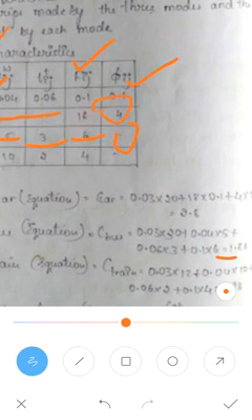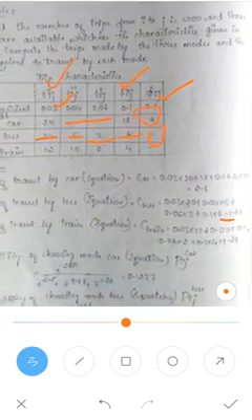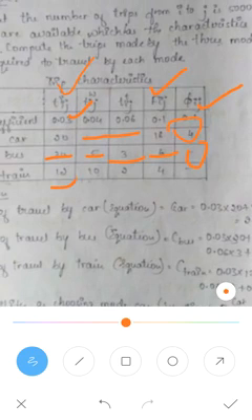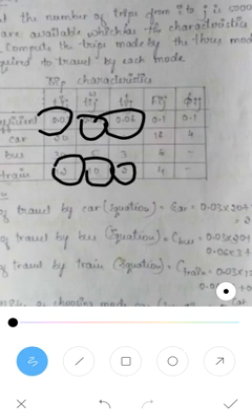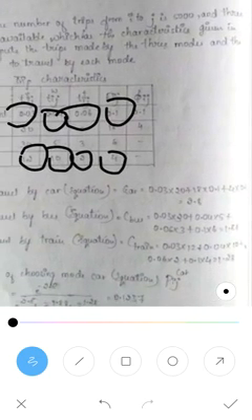Next is the cost of travel by train. For the train, see here: 12 into 0.03, 10 into 0.04, 2 into 0.06, 4 into 0.1. Altogether you add it, and you will get 1.28.